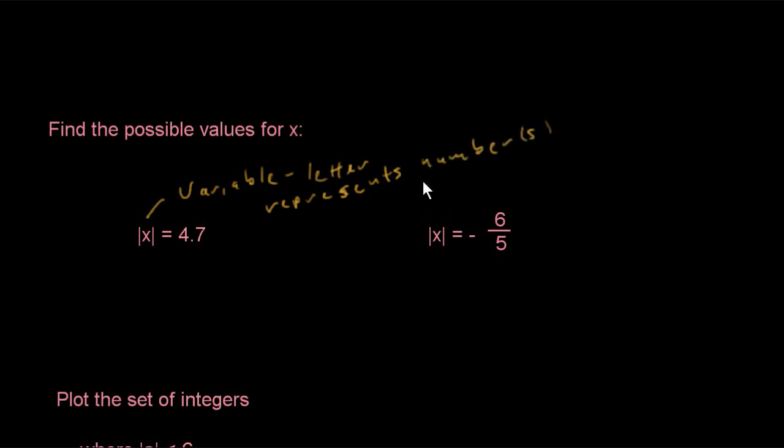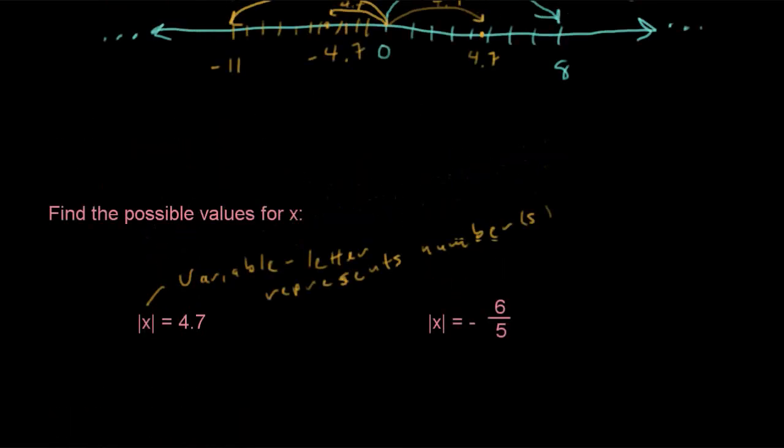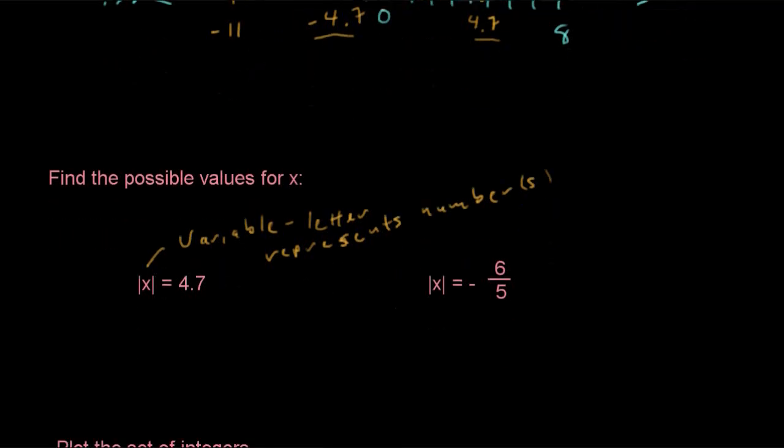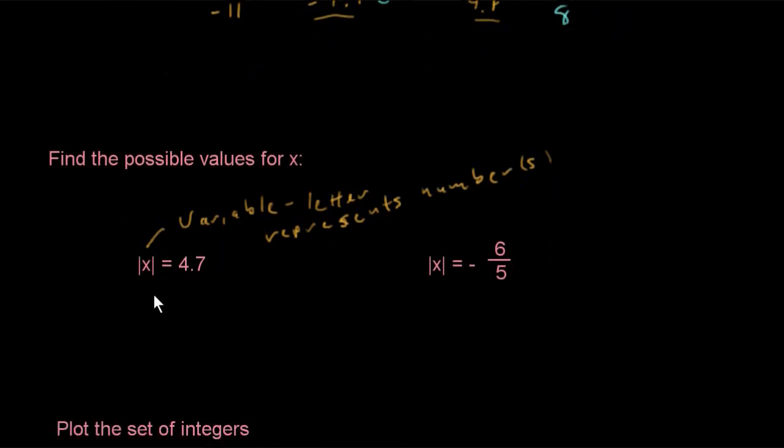And in our case, we found that the absolute value of 4.7 and negative 4.7 both equals 4.7. And so we have two numbers, negative 4.7 and 4.7, that if you take the absolute value of either one of those, you get 4.7.